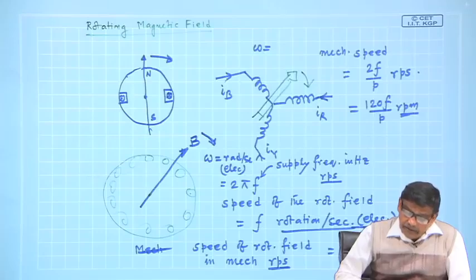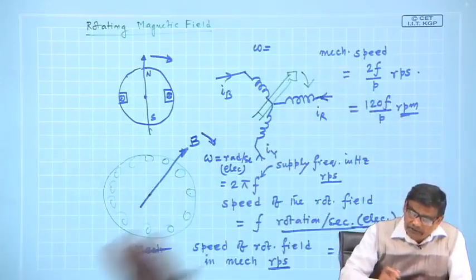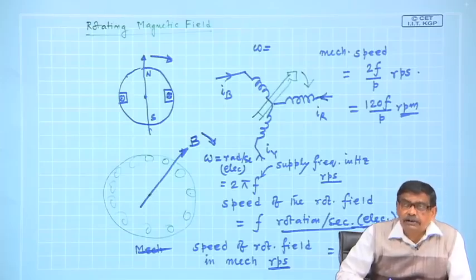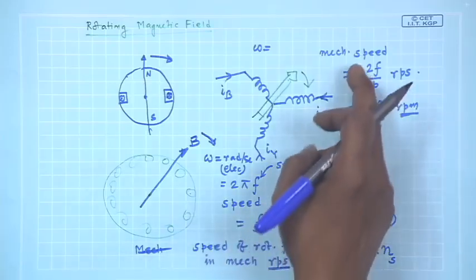Suppose you have a 2 pole winding, then the speed of the rotating field will be 50 RPS electrical. 2 pole machine, electrical, mechanical, no distinction, p equal to 2 cancels out. So, 50 RPS or 3000 RPM, multiply with 60. Similarly, if it is a 4 pole machine, electrical speed of the field in electrical rotation per second is f, but mechanical speed for a 4 pole machine will be 25 RPS.